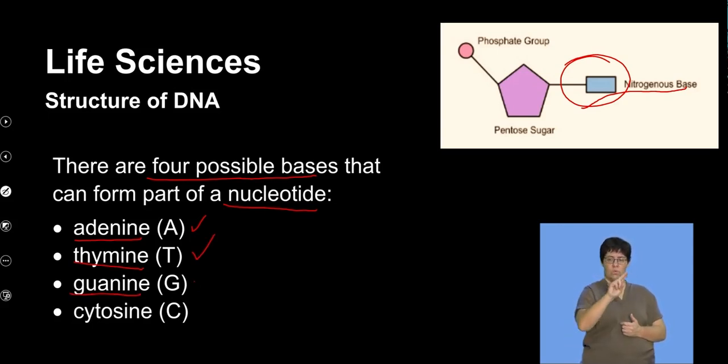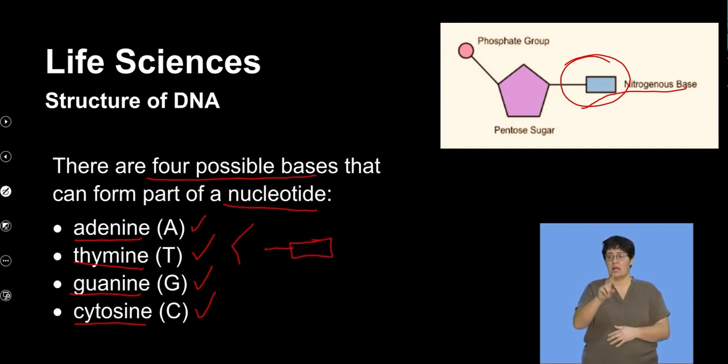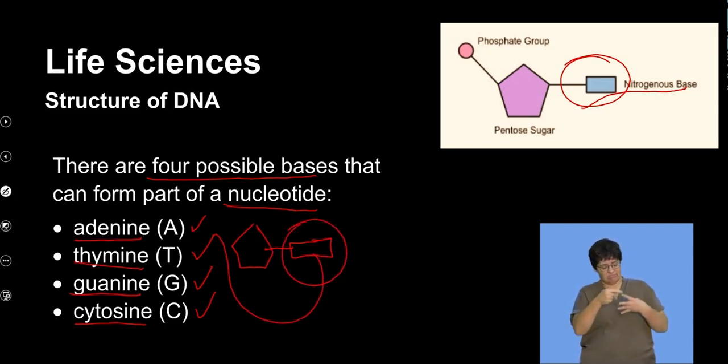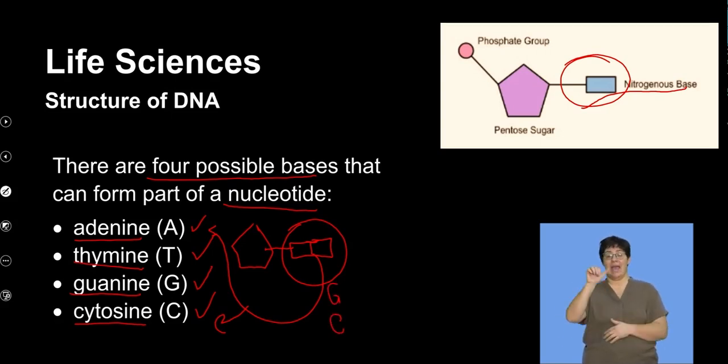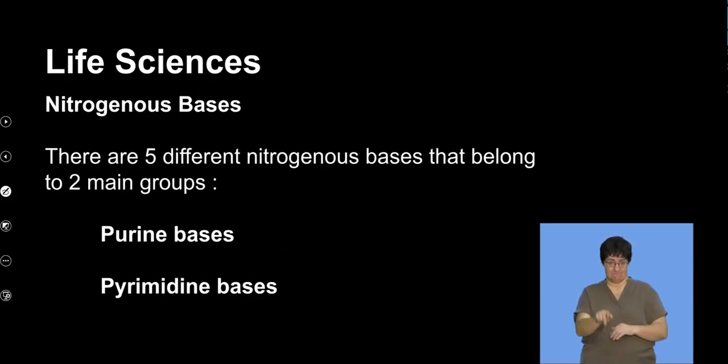Guanine, capital G, as well as cytosine with a capital C. Let's try and recap that. These nitrogenous bases that we see in the DNA molecule, which I've represented here, could be 4 possible nitrogenous bases. And they are represented either as a T, a G, a C, or an A. That's essentially what we refer to when we talk about the nitrogen bases.